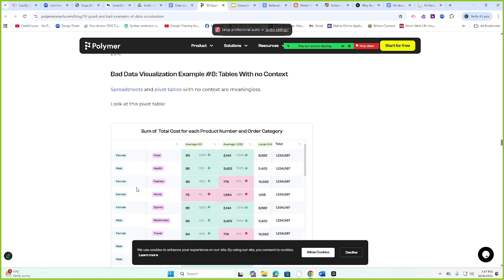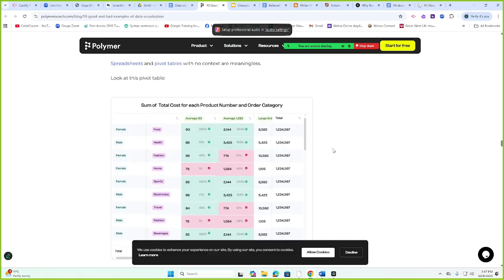Next, tables with no context. Spreadsheets and pivot tables, simply a type of spreadsheet, with no context. They're meaningless in this way.